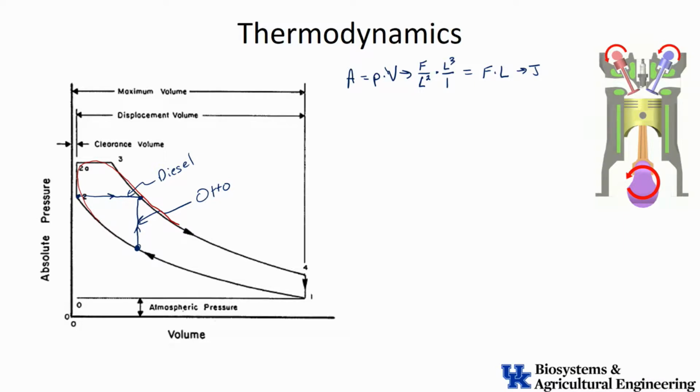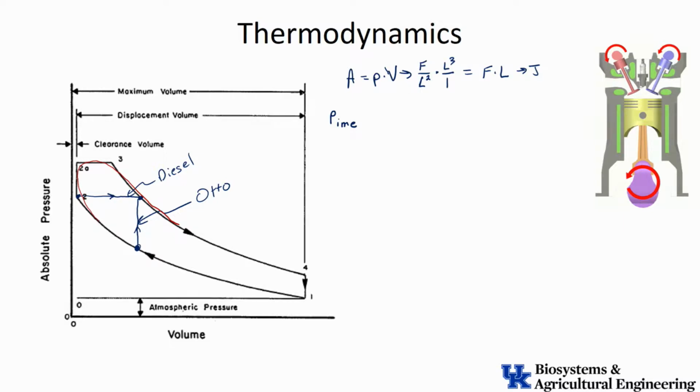So if we look at the PV diagram, go back over there, the area in between these two curves, or inside that loop, either the square loop or the red loop like I've drawn there, that area is the amount of energy that is produced by that engine. And we actually have a term for that we use. It's called the indicated mean effective pressure, P sub IMEP, indicated mean effective pressure.